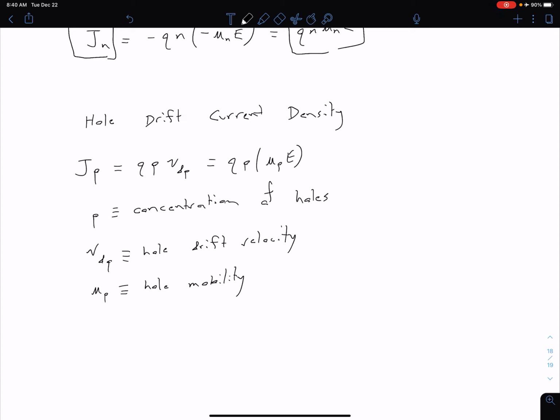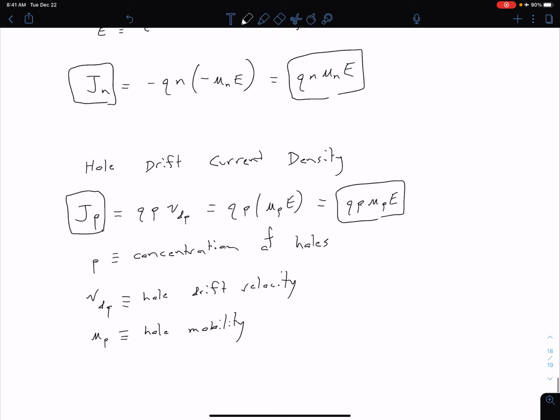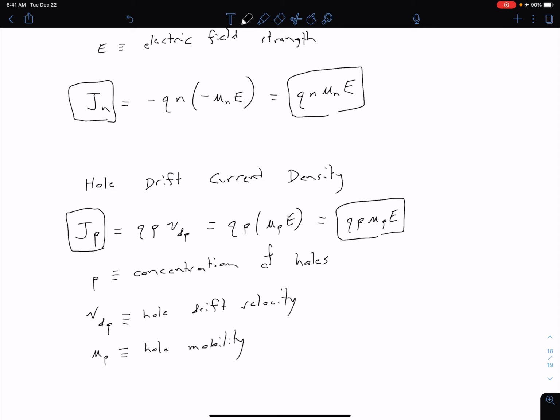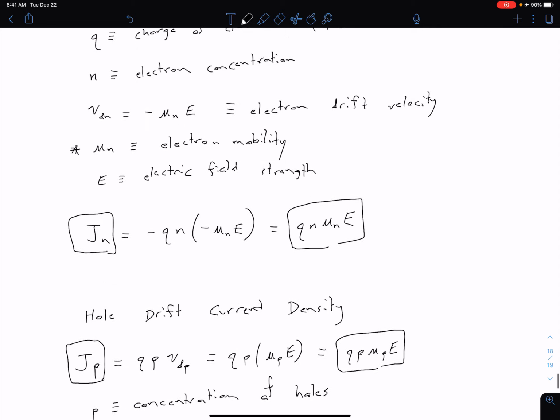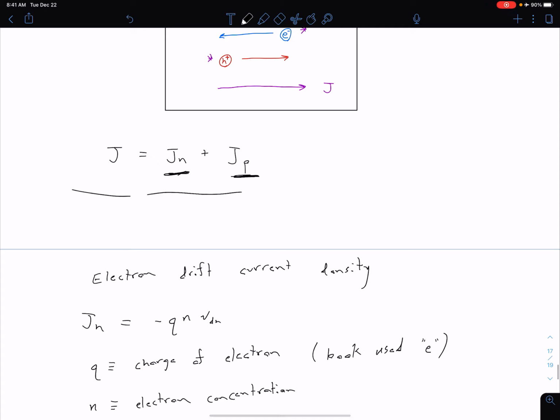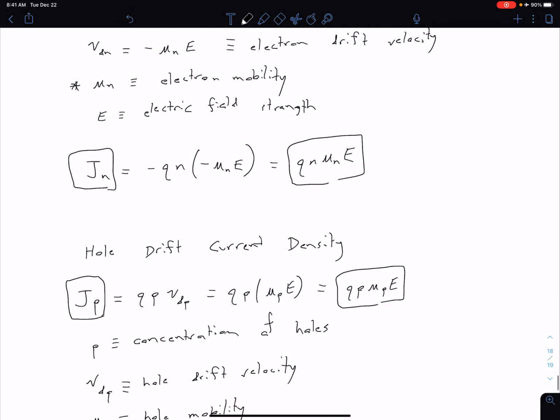So simplifying this, well, not simplifying, just getting rid of that parentheses, we can just say this is q p mu p E. So it looks sort of the same form as we have for our electron drift current density. And one thing to note that I forgot to mention earlier is, of course, if we're looking at this combined expression here for our overall current density, we can see it consists of these two parts.